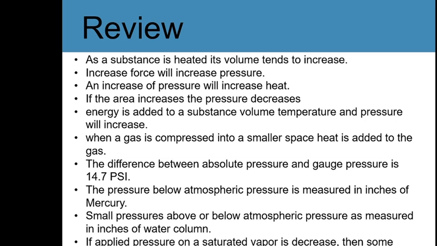The difference between absolute pressure and gauge pressure is 14.7 psi. Pressure below atmospheric pressure is measured in inches of mercury. Small pressures above or below atmospheric pressure are measured in inches of water column. If applied pressure on a saturated vapor is decreased, then some of the liquid will evaporate. Solids and liquids normally cannot be compressed like a vapor.